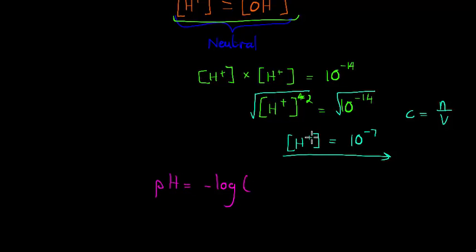The square bracket is only there to denote the fact that I'm working with concentration. If you know your log laws, if I have an exponent inside the log, I can multiply it to the front. So there's a negative 1 in front there, times negative 7, which gives me 7. And then log, this is base 10. Since the base and the input are the same, that gives me a 1. And therefore this is 7 times 1, which just gives me a pH of 7.